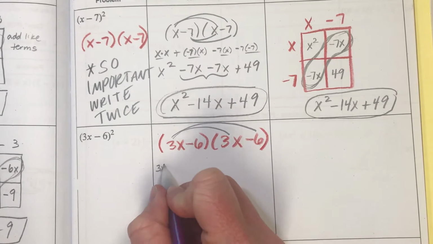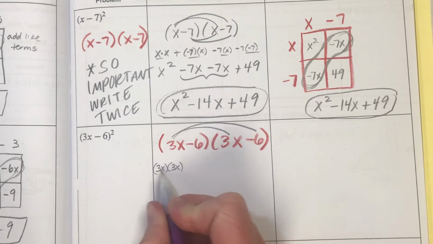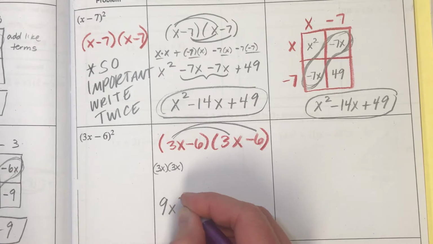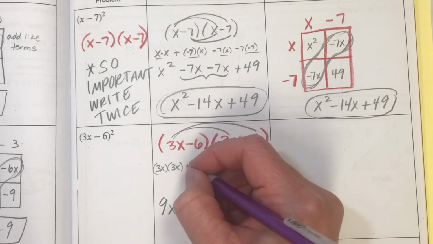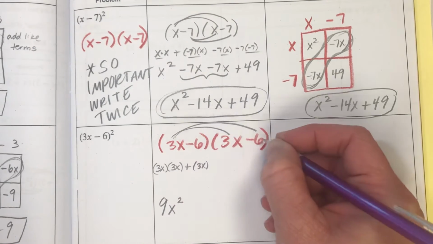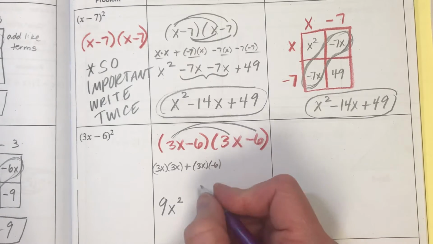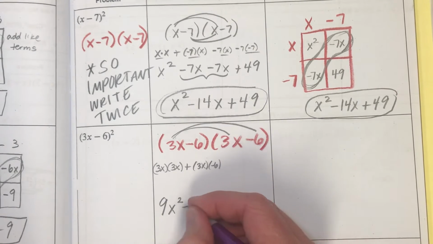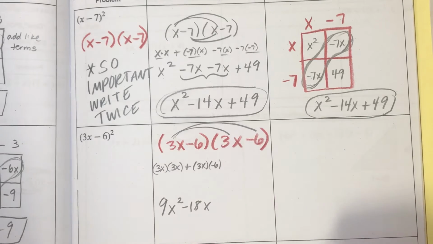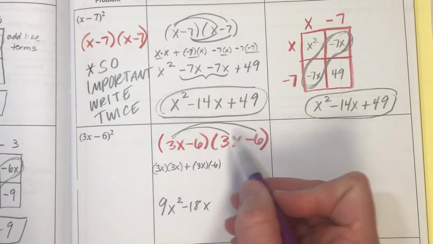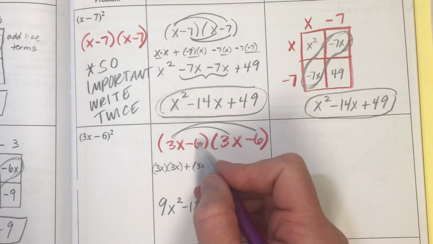So 3x times 3x. That's going to get us 9x squared. 3x times the other term, negative 6, is going to get us a negative 18x, because 3 times negative 6. Now I'm done with this term because I multiplied everything from this binomial, so now I move on to the next term.